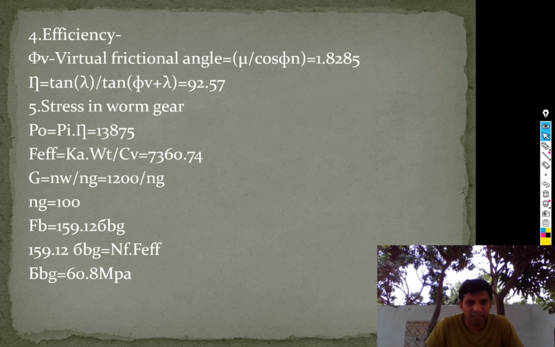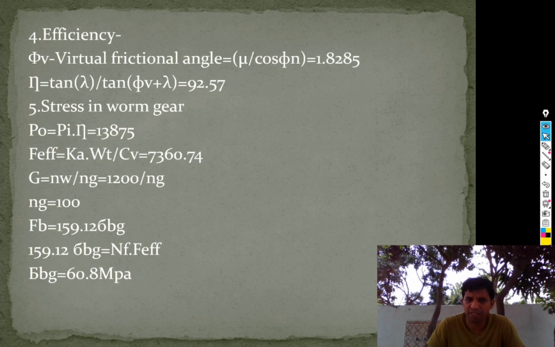Now for finding FB, that means beam strength. Putting all the above values in the formula of the Lewis equation, or beam strength, we get the bending strength, that is 159.12 sigma bg.